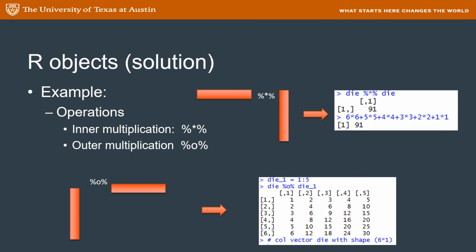So the inner multiplication is a vector multiplication. The first vector will be a row vector, and the second one will be a column vector. So the result will be just a single value, because a row vector times a column vector will be just 1 value.